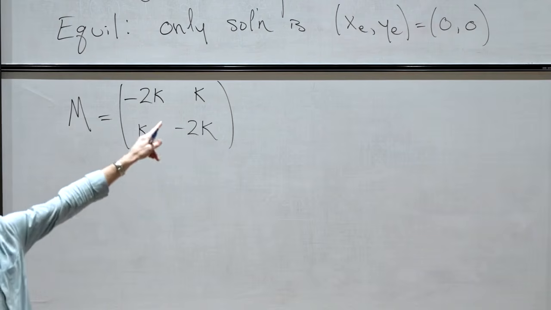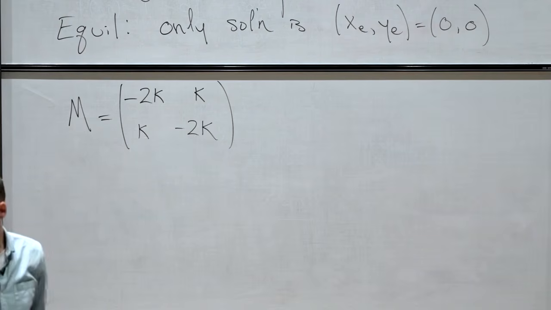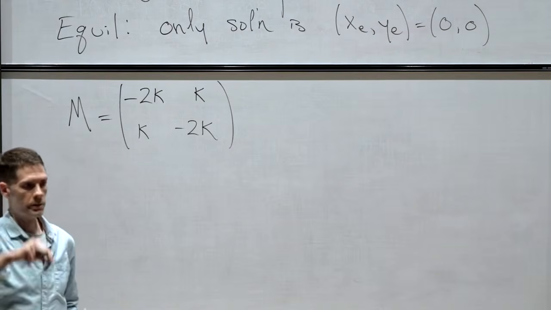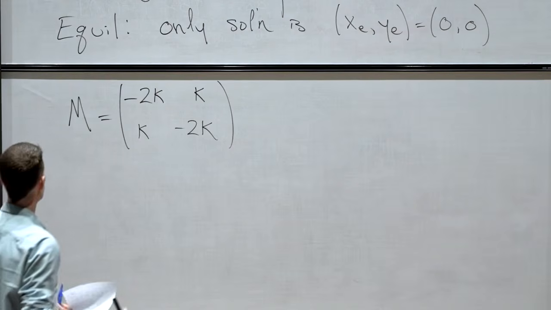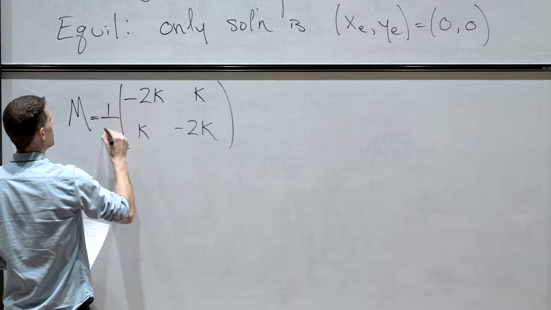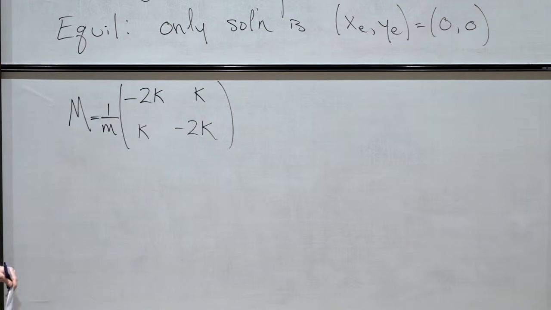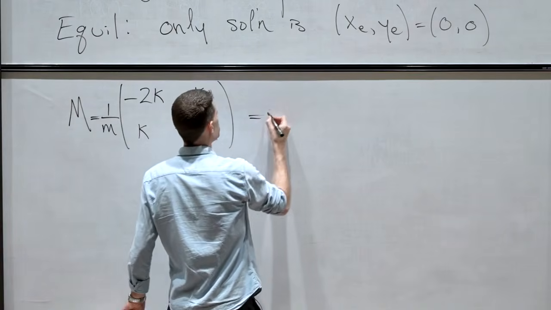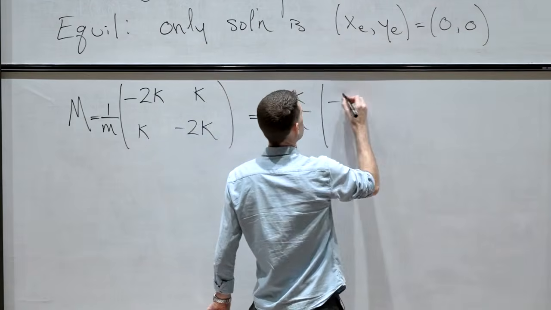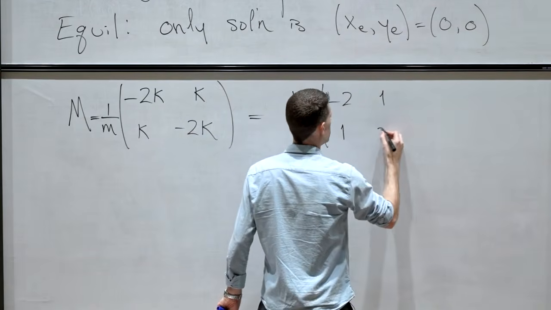If I want to follow what I've been doing, that little m sitting over on the left, the mass, I didn't have over here, so I need to absorb that into my f and g. So this should really be a 1 over m. And of course, everything has a k, so I could have just factored that out as well. So it's k over m times the matrix minus 2, 1, 1, minus 2.